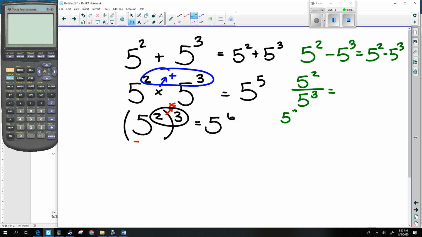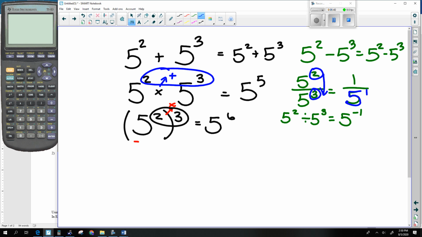So 5 squared divided by 5 to the third would be 5 to the negative 1, aka 1 over 5. The way that I do this is I take a look at the powers. Which side is bigger? The bottom. So that's where the base goes. How many is the bottom bigger by? Oh, it's bigger by 1. So it'd be 5 to the 1 on bottom.